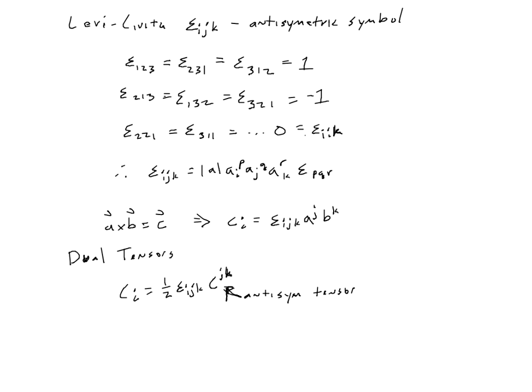And this is, of course, Levi-Civita. Because C is anti-symmetric and the Levi-Civita is anti-symmetric, you can actually pull out this thing called a dual pseudo-tensor from it, which looks a lot like a vector. So it's a dual pseudo-vector.